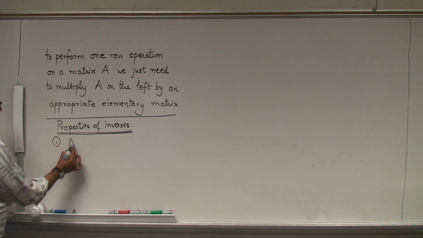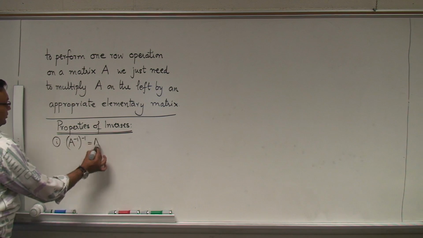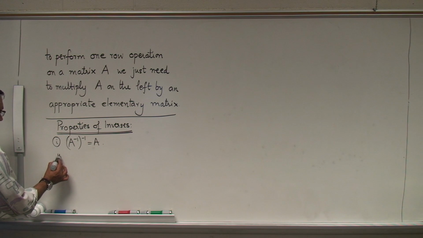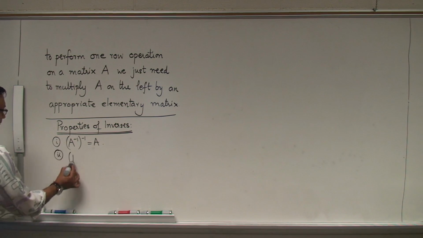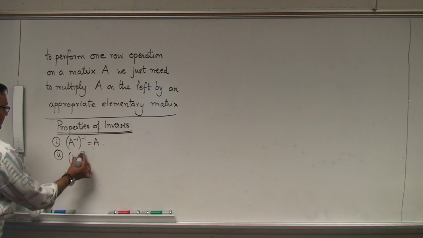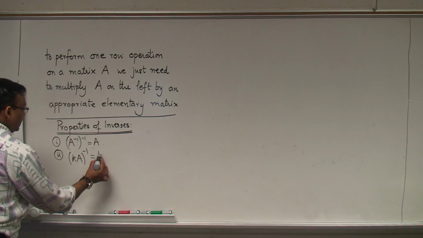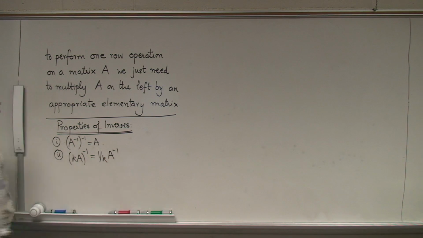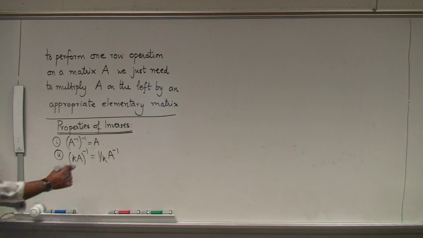There are a couple of obvious properties of inverses, which you can try to prove on your own. The inverse of an inverse is the actual matrix. If you have a scalar K multiplied to your matrix and you want the inverse of it, it would be simply the reciprocal of the scalar K multiplied by the inverse of this matrix.